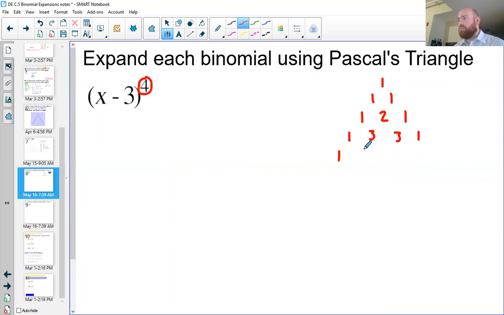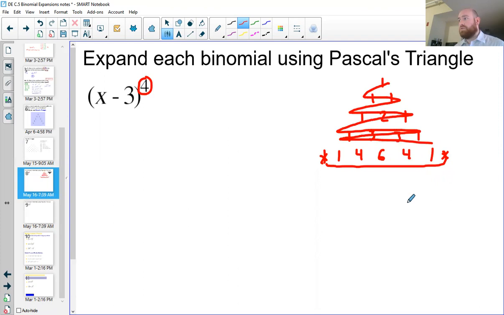So 1 plus 3 is 4, 3 plus 3 is 6, 3 plus 1 is 4, and then 1. And we can see this is the row that we want. We have to go no further, and we're also not going to use any of those numbers on top. All we need is this one at the very bottom.